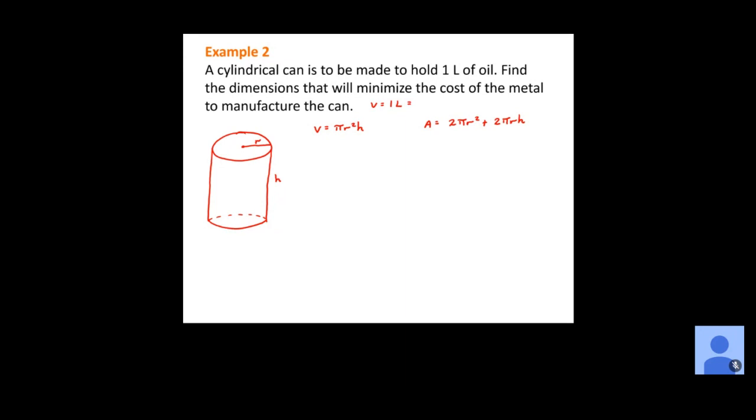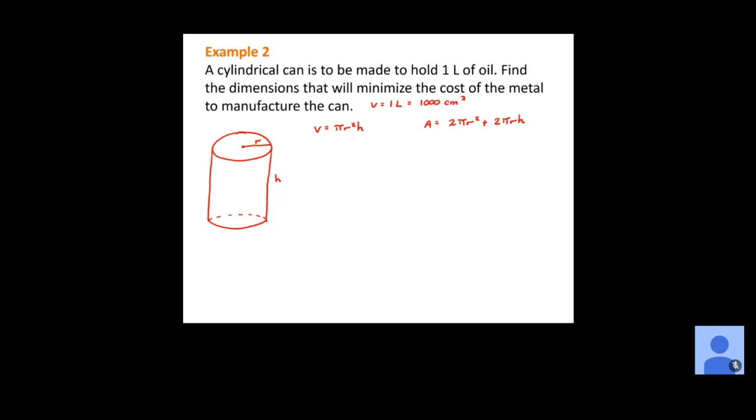If you've ever had a chemistry class or something, you've probably seen a conversion like this before. Anybody know what 1 liter is equal to? Okay, so 1 liter is actually the same as 1,000 cubic centimeters.